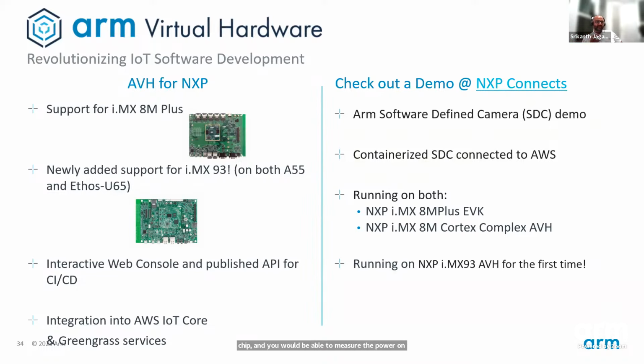The second one: when you run the A55, as I mentioned, it gives you high performance, but obviously it comes at higher power, while the M33 offers lower performance at lower power. Depending on the customer use case, you want to have either the A55 or the M33 enabled. To give a rough estimate, this depends on the frequency you're running at.